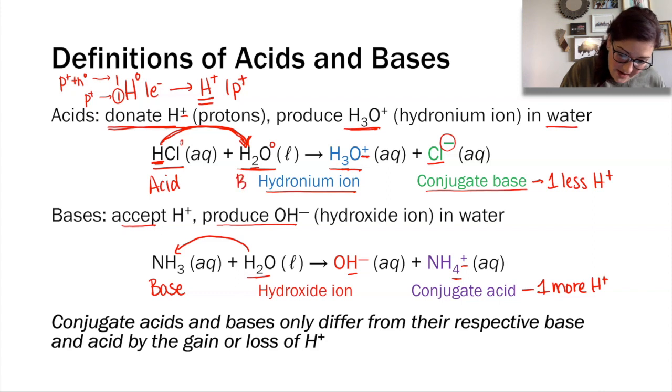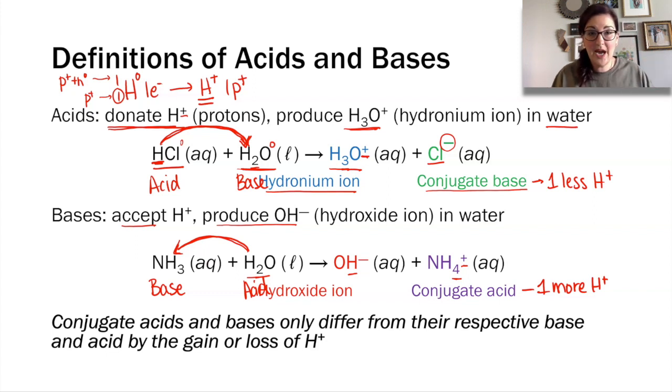So we see water here is acting as a base because it's accepting a proton. Here, water is giving away a proton, so it's acting as an acid. So the proton moves from the acid to the base. In both of these reactions, our proton is always moving from the acid to the base. The acid could be water, or the acid could be an actual acid.